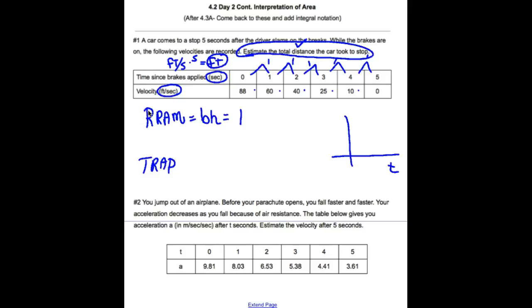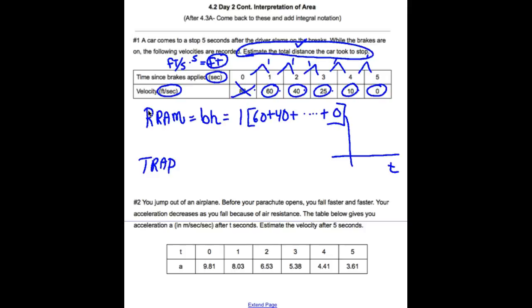My heights, I'm supposed to stick to the right, which means I will use the right endpoint of the rectangles, not the lefts. So this one will never get used. So it's really 1 times 60 plus 1 times 40 plus 1 times 25, or equivalently 1 times 60 plus 40 plus dot, dot, dot, plus 0 at the end.